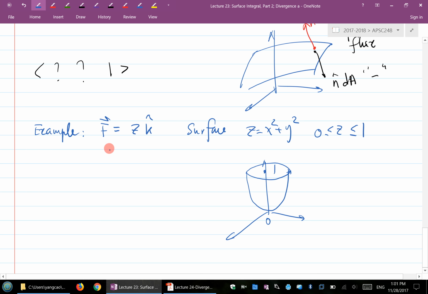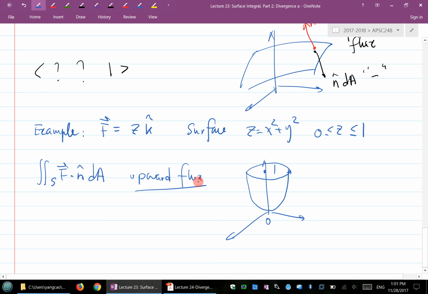You can sketch the F, which is very simple, but you don't have to. In this case, we want to calculate the integral of F dot n hat dA, the net flux through this surface. So we want to calculate the upward direction flux. Is that good?